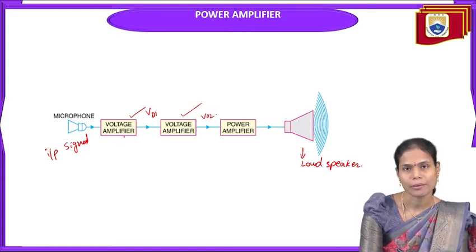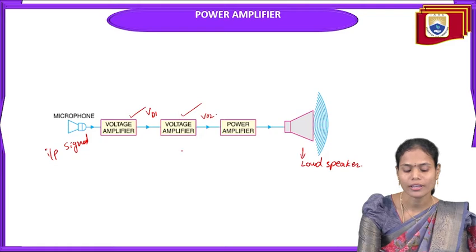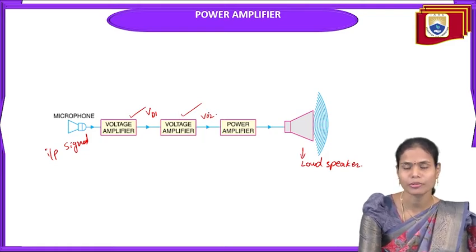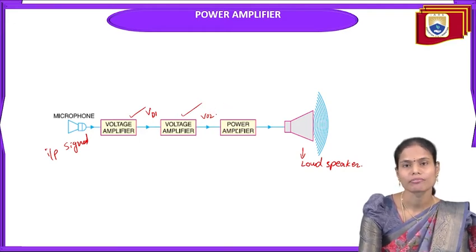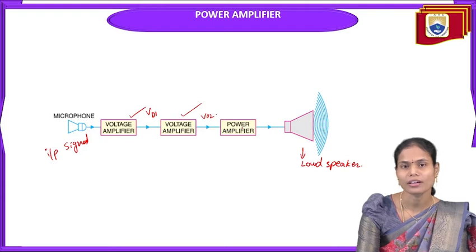From the first amplifier, we are getting the amplified version of the applied input signal. But again, that amplified signal is given to the second voltage amplifier, so that the amplitude or strength of the signal increases still more. Then we are giving that to the input of the power amplifier. Generally, a power amplifier will run the signal with 1 watt or more power.